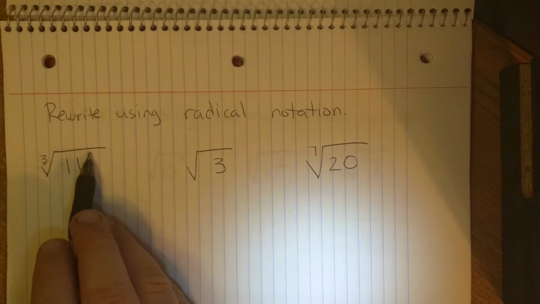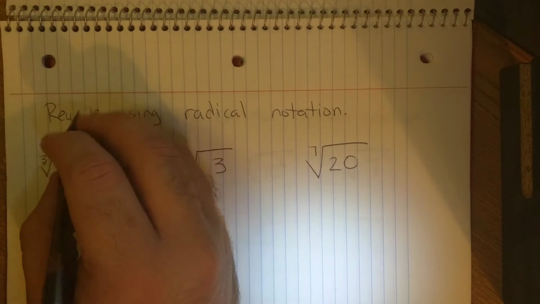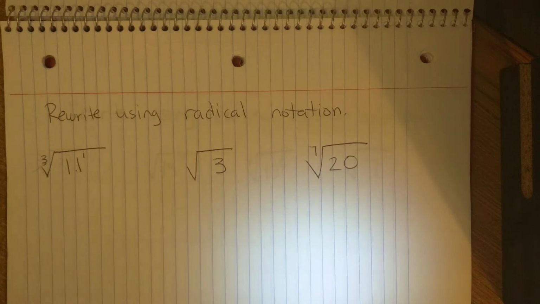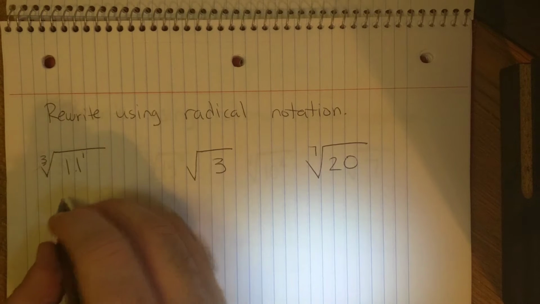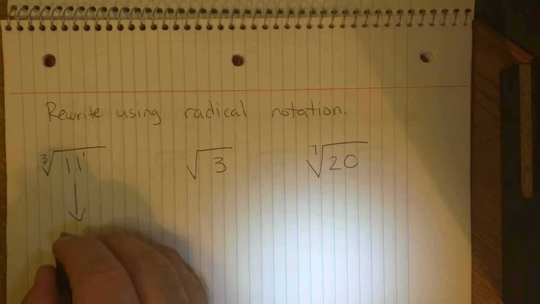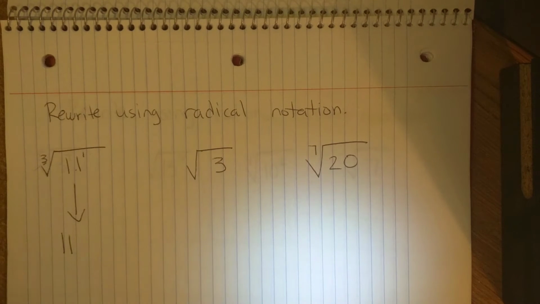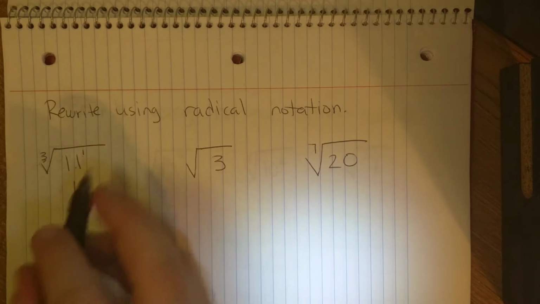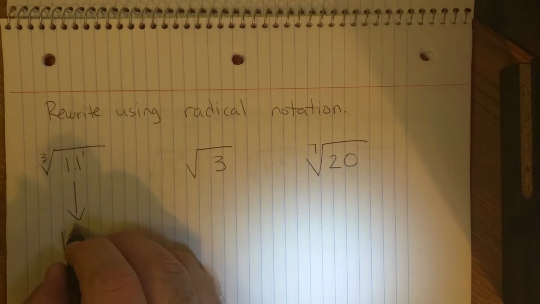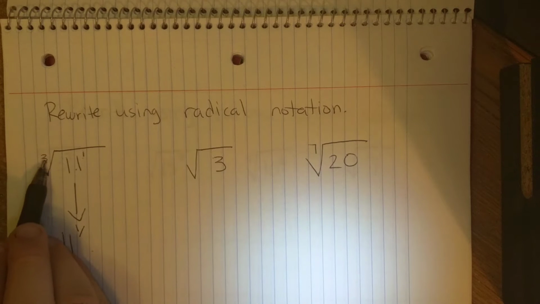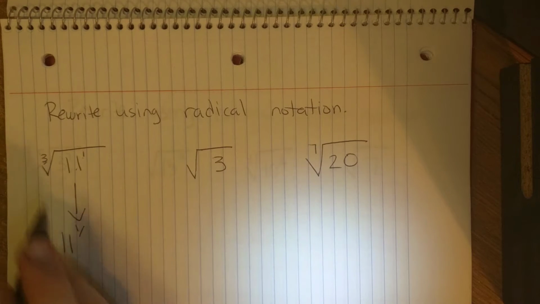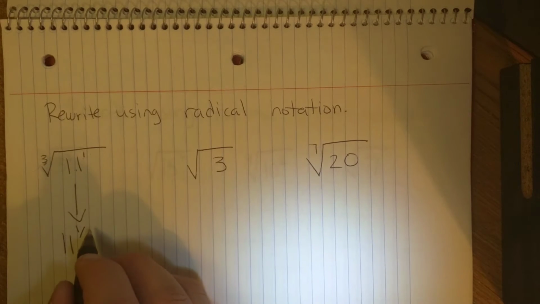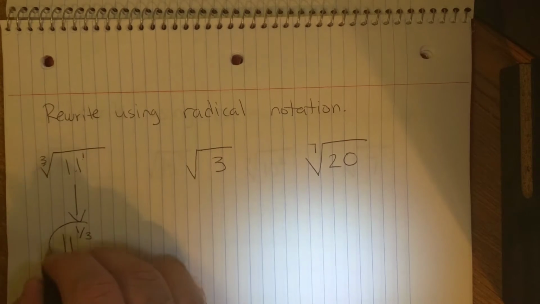I don't see a power written here, so I'm going to put a 1 here so I know that it's there. So to rewrite this, I have the 11, but because there's a 1 here, it's raised to the power of 1 over my index, or my root number, which is 3. And that's how you rewrite this.